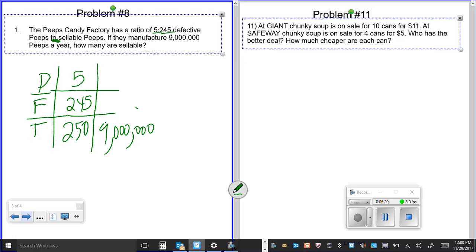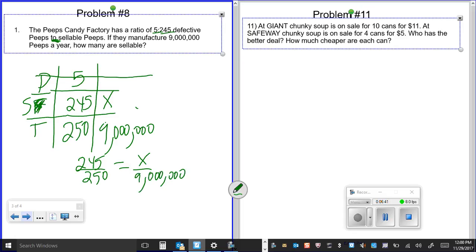I'm sorry, that should be sellable here. We don't want the defective ones. We just want to know how many are going to be sellable. So that's our proportion: 245 over 250 is equal to X over 9 million.